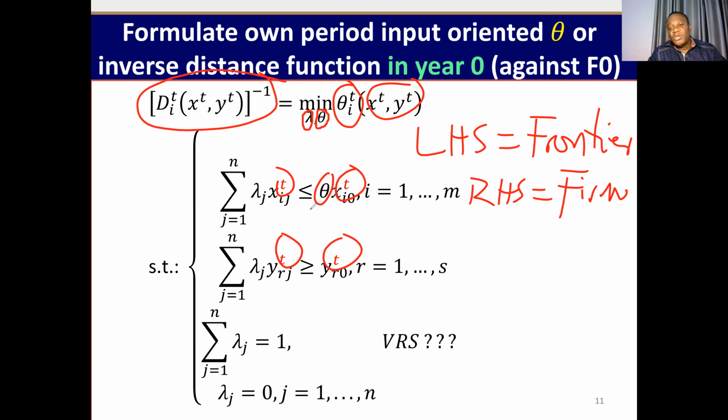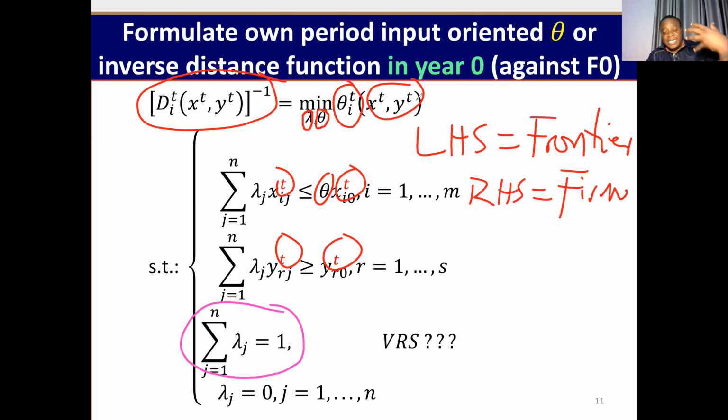So you can see that with a T on top here, it means that the firm is in year T. And with a T up here on the left-hand side, it means that the frontier is in year T.